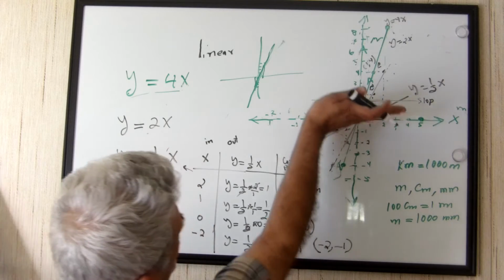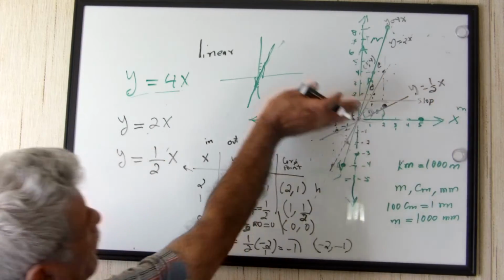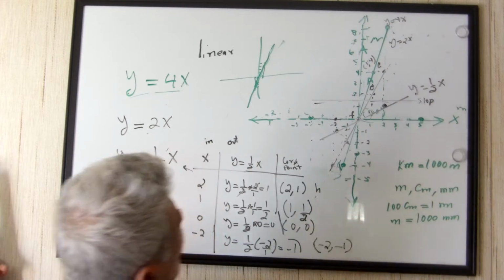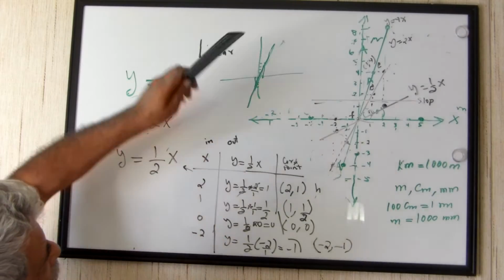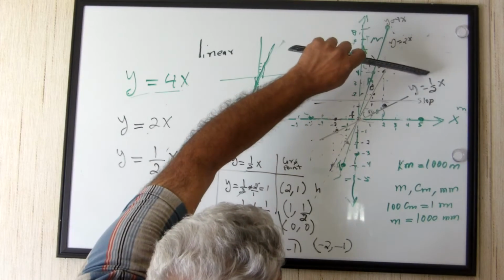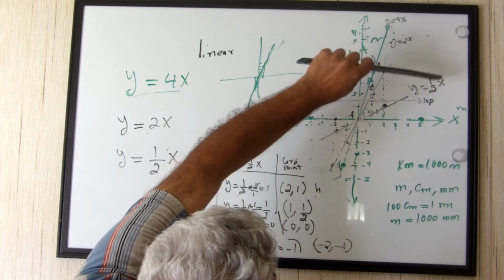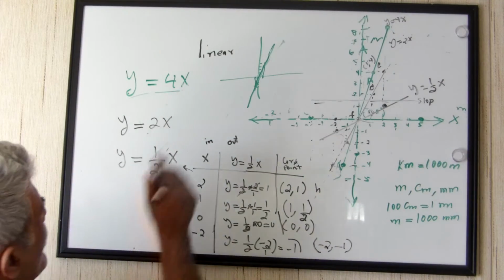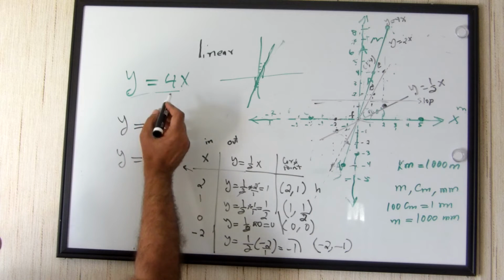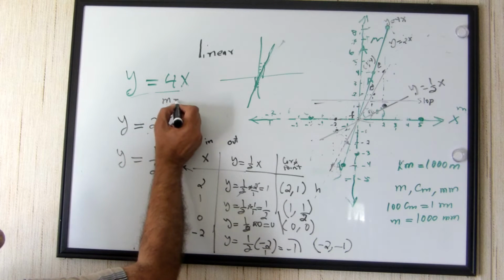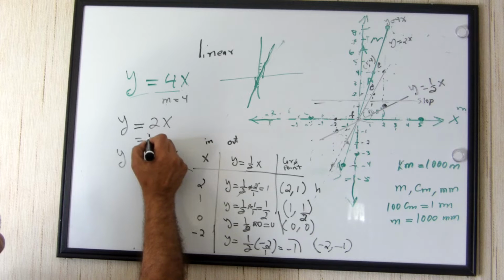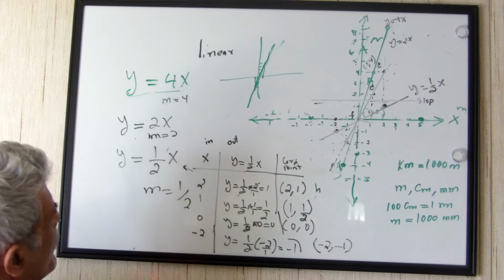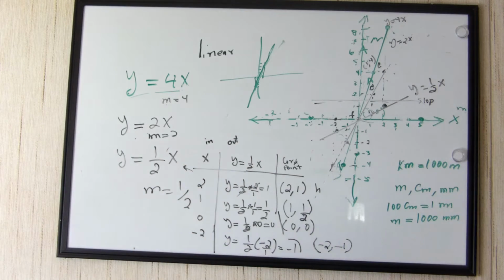If we come this way, it gets parallel to x, but this way the slope is going to be infinity. Now we talked about the slope. The coefficient behind x is the slope of this equation, this function. See, here the slope is equal to 4, m is equal to 2, and n is equal to 1 over 2.